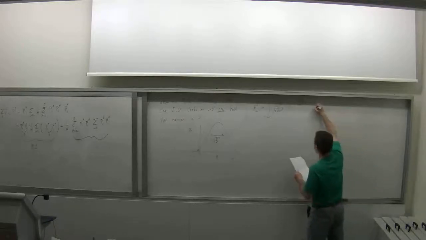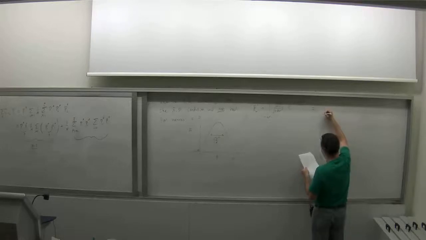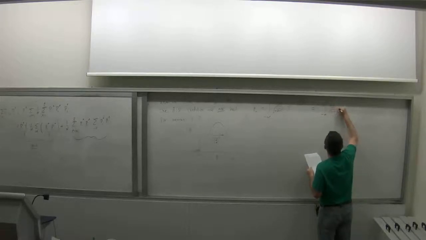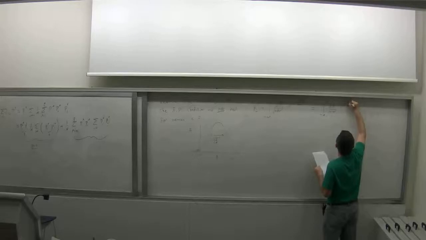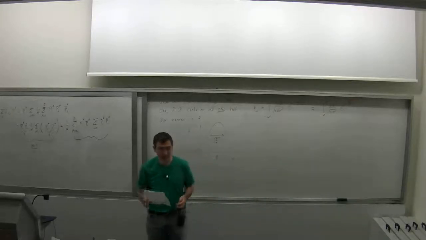Which can be simply written as an integral from minus infinity to minus 1 over sigma by changing variables.